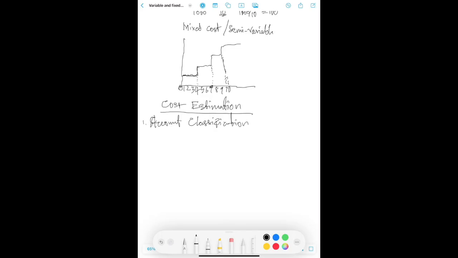We have the simple regression analysis method, or what you call the least square method. We have 3, the high and low method.